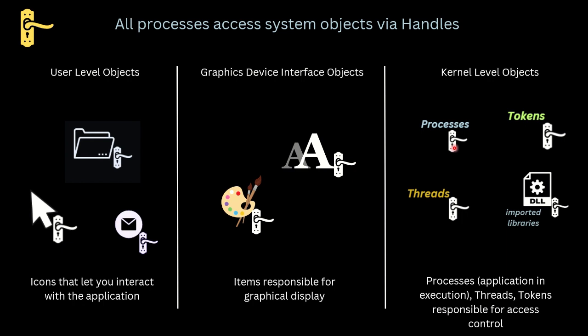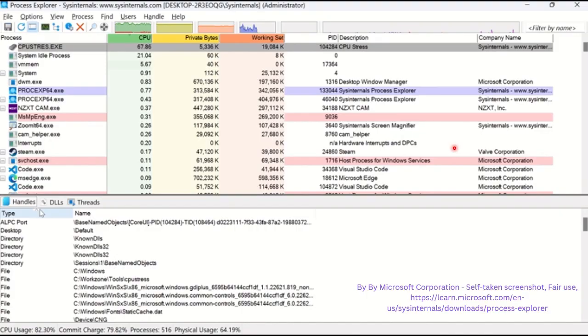Now in user mode, if you want to view the handles, you can use Sysinternals tools like Process Explorer, which you can download from the official Microsoft website. Run it on your system and choose any process. If you click on handles, you will see all the handles that process is accessing, and all the objects being accessed by that process using these handles.